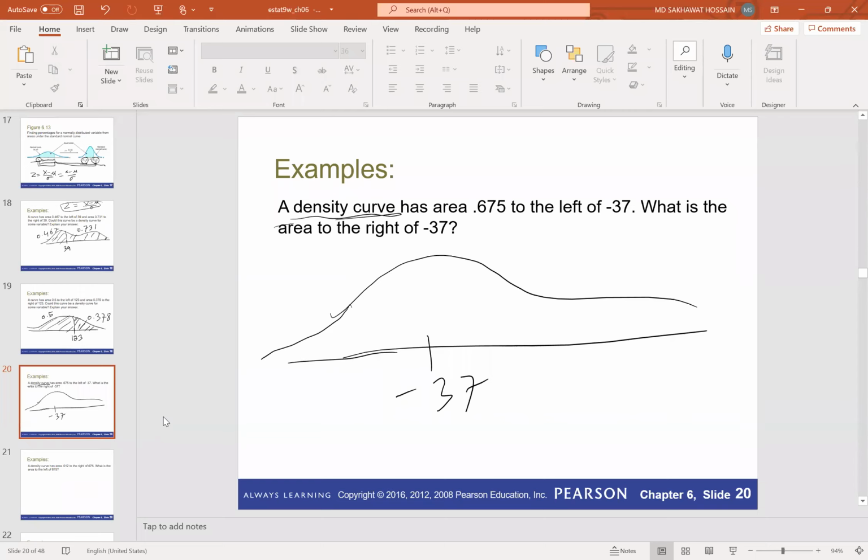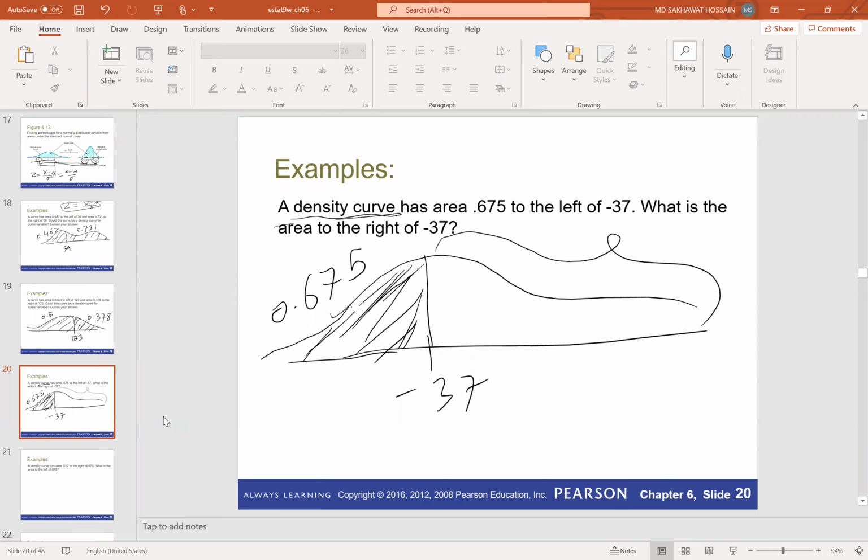We have negative 37, and to the left of it the area is 0.675. So what will be the area to the right of negative 37?